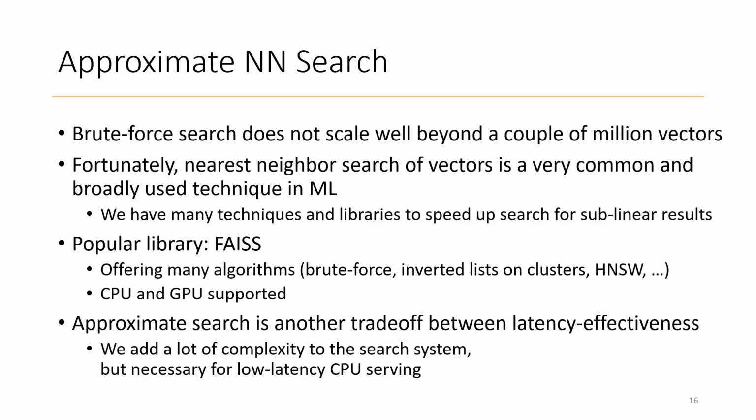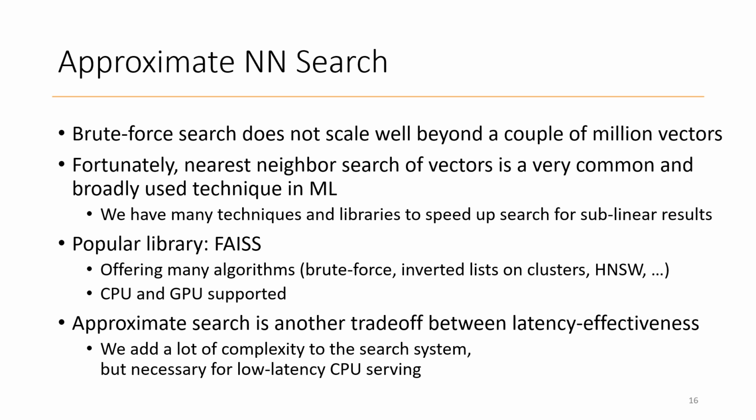To be able to use CPUs for nearest neighbor search, we can turn to approximate nearest neighbor search. And fortunately, nearest neighbor searching is a very common and broadly used technique in machine learning. Therefore, a lot of research has been put into making better techniques and faster libraries to speed up search for sublinear results.